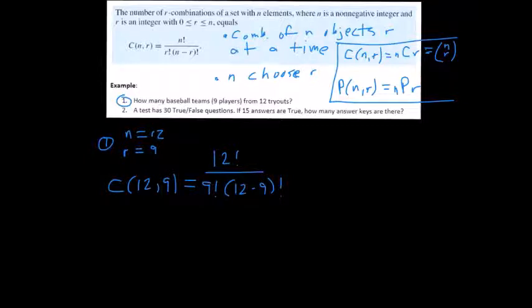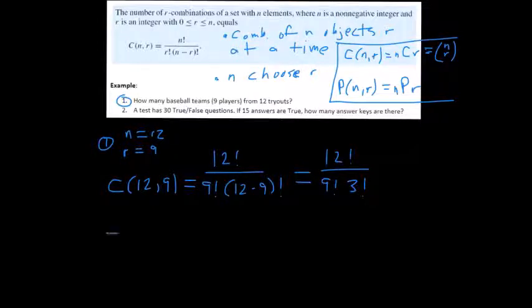So before we do, let's just write this as 12 factorial over 9 factorial times 3 factorial. Now, I can do the cancellations using either the 9 factorial in the bottom or the 3 factorial. You want to always choose the larger number because you'll cancel more stuff out.